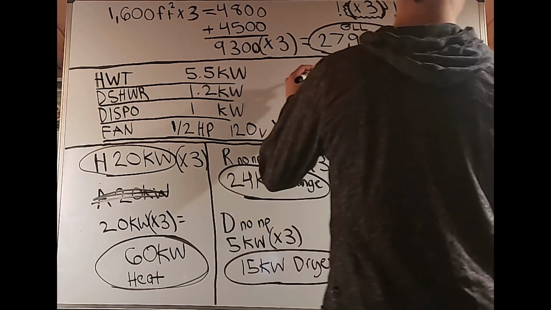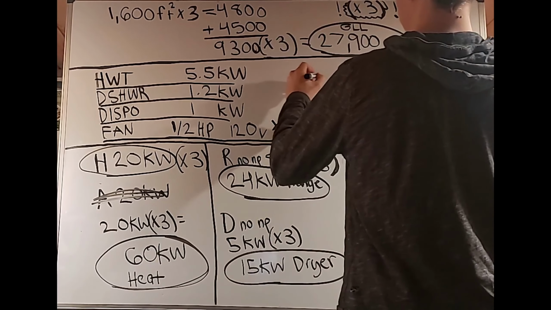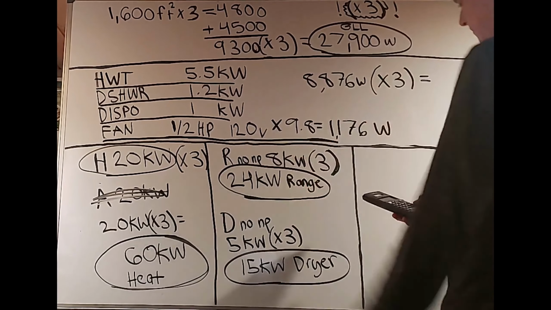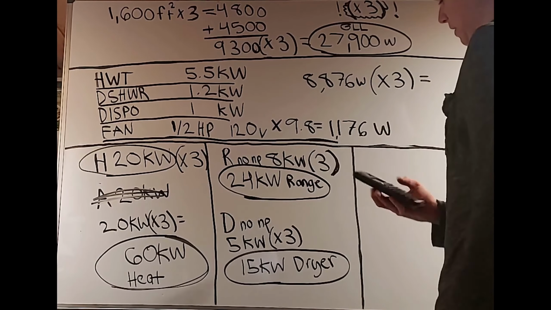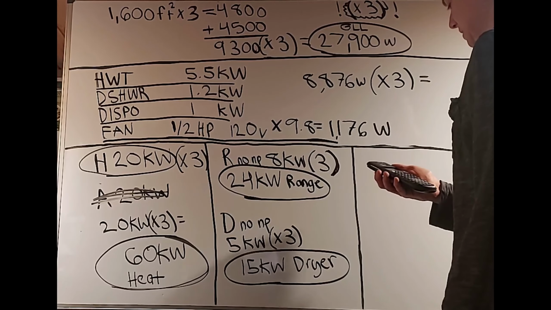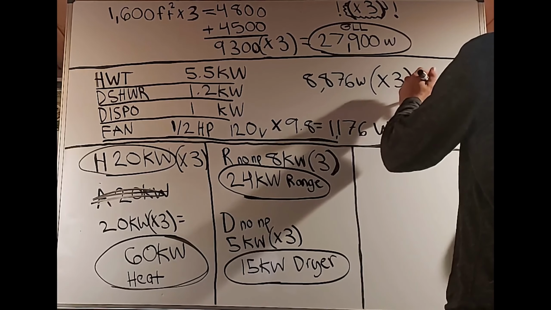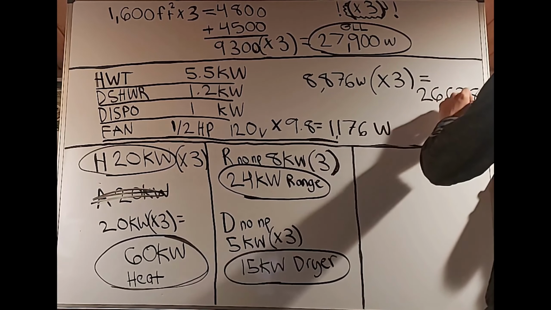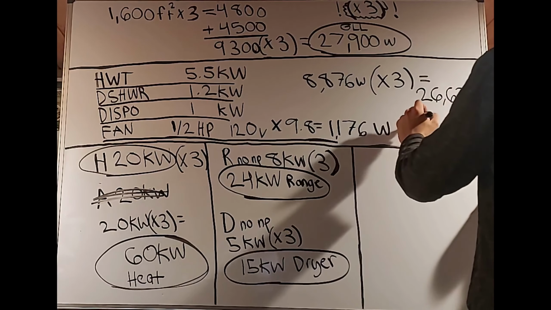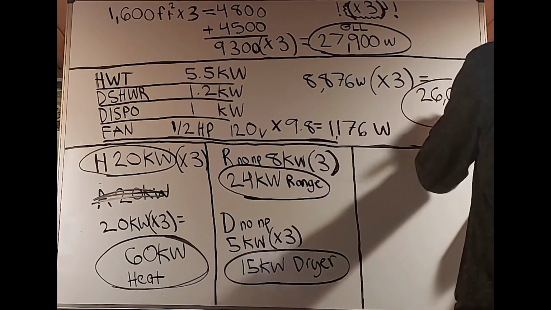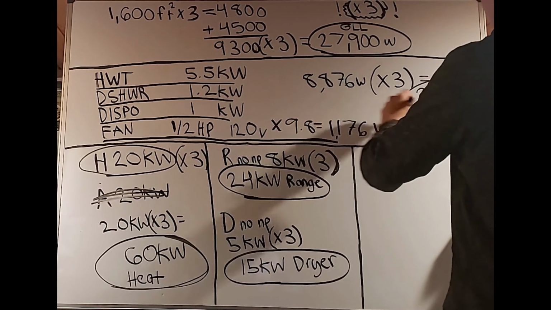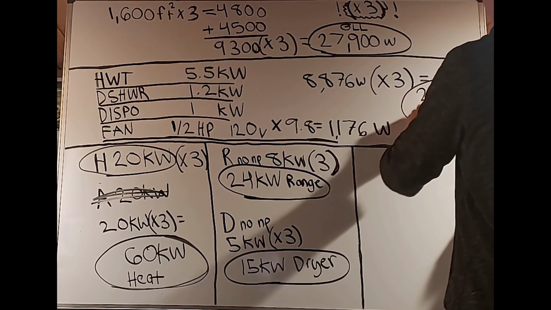I'm going to get a total number of 8,876 watts. I need to multiply everything by the amount of units I'm working with, so I multiply that by 3, and I'm going to get 26,628. Of course, make sure you label everything. Label it watts, and not only label it the watts, but I also need to label the fact that this is my total number for my appliances.